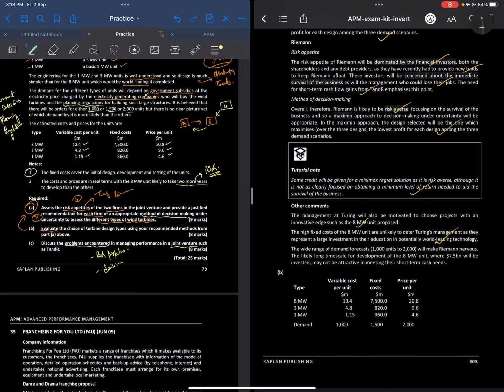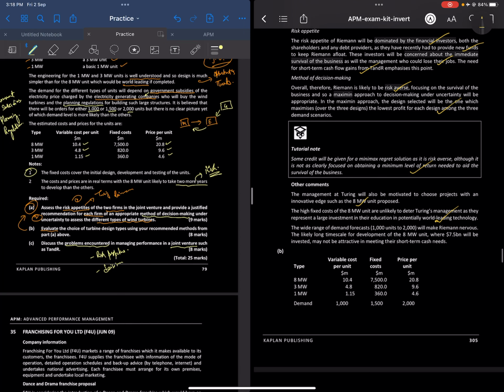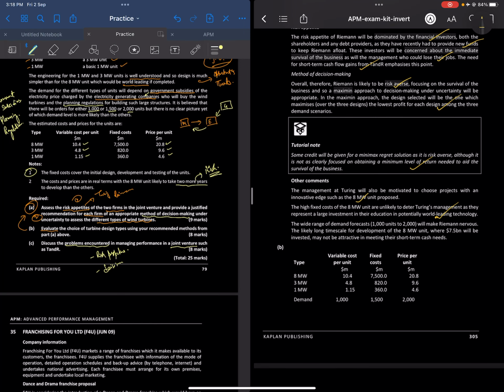The fixed cost is high because it takes 2 years to develop compared to the others, so there is a lot of learning happening there. The wide range of demand forecast will make Raymond nervous, as the demand forecast is very variable. The likely long time scale for the development of the 8 megawatt, where 7.5 billion will be invested, may not be attractive in meeting their short-term cash needs.